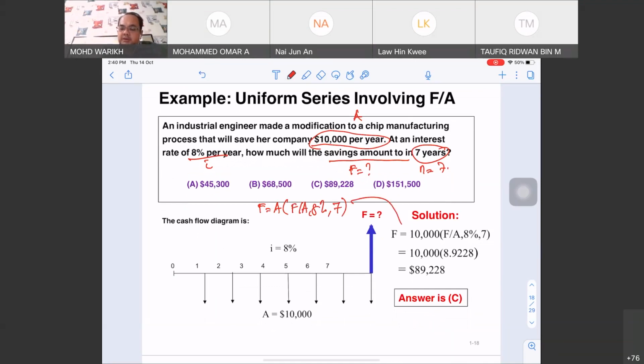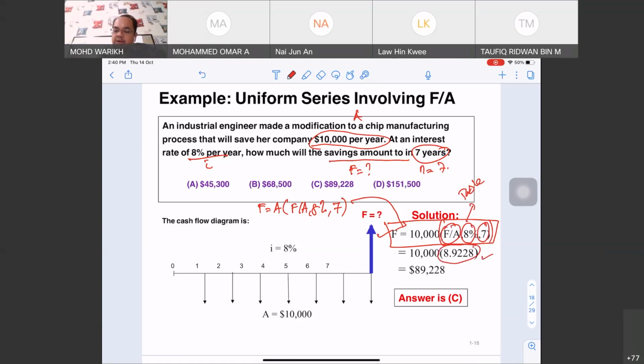Same as this one. From this column, go to the tables. You find the 8%, find the F/A column, and then the number of N is 7. So you should get this number.